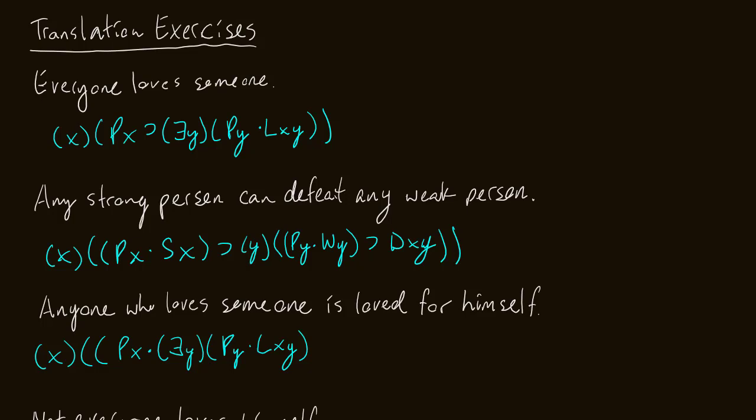Okay, I think that works. Then what I could say is there exists a z, then there exists another variable z, such that z loves x. Let's close up our parentheses. I think I may have overdone it with the parentheses. Have I?